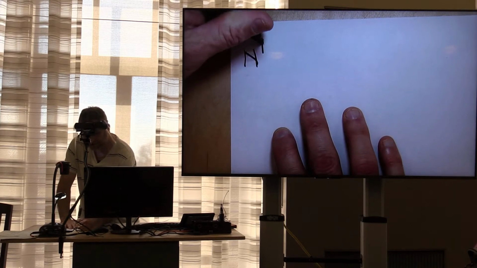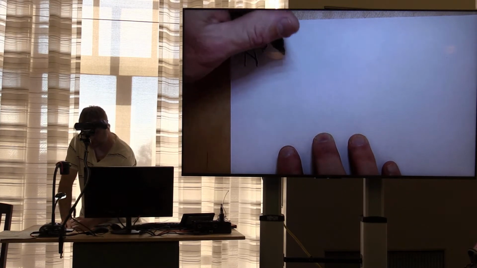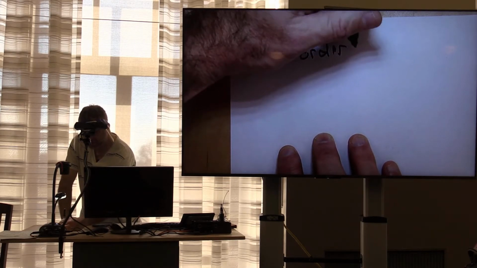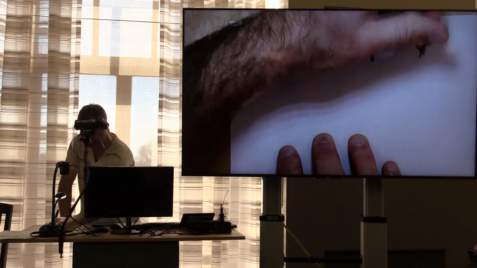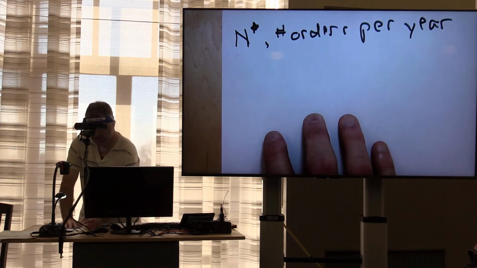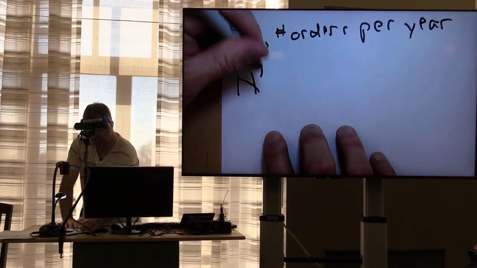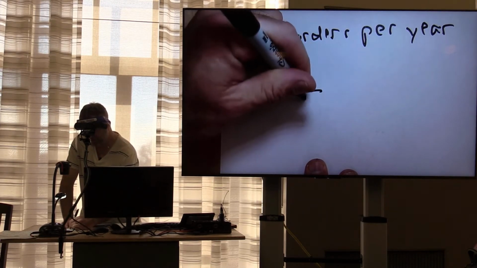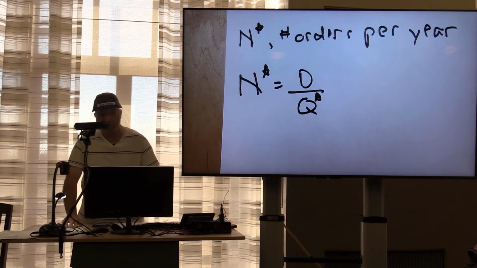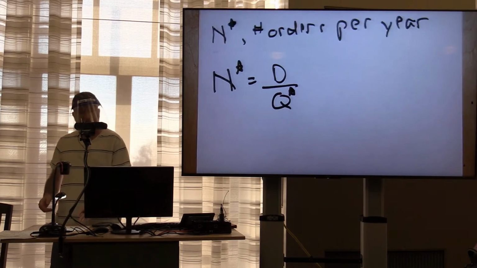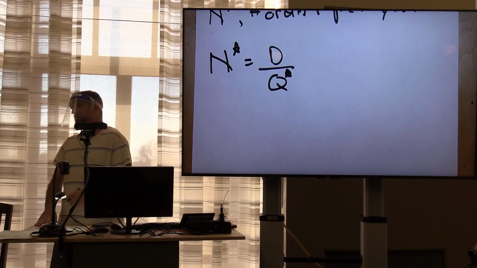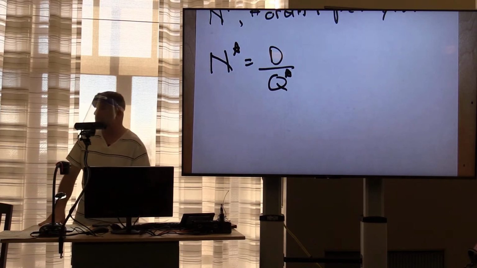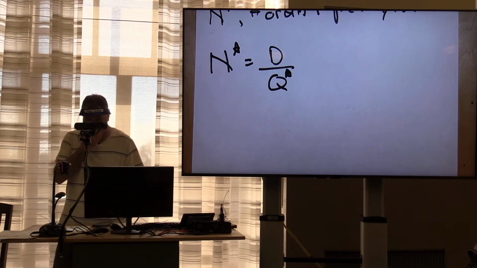And then the last thing it calls for is N star, the number of orders per year. And we said the optimal number of orders per year can be calculated as 1 over T star, or D divided by Q star. Remember, multiple times we described how D divided by Q is the number of orders per year. If Q star is the optimal order size, then D divided by Q is the optimal number of orders.